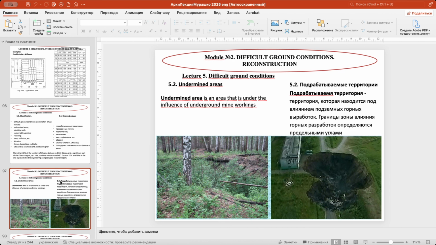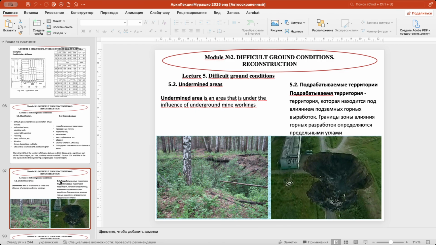Yes. So, Odessa is also under the impact of undermined areas. It is covered with underground emptiness of stone.